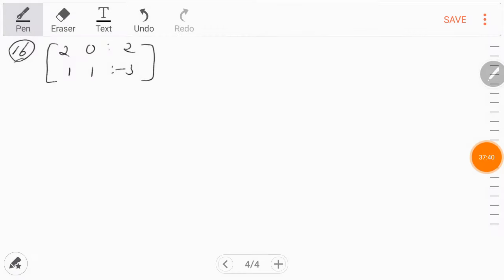Okay, in this case, we're going to write the system of linear equations for this matrix. These are all coefficients, so the first row is the first equation, the second row is the second equation. The first column is x, so 2x plus 0y is equal to 2.